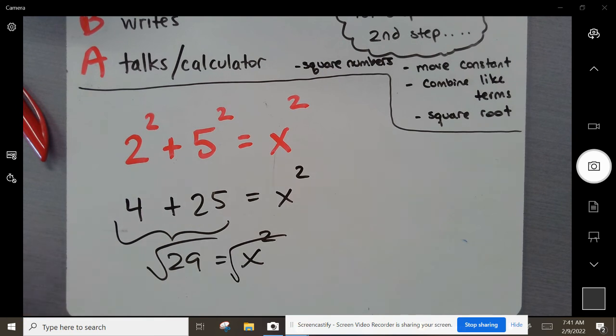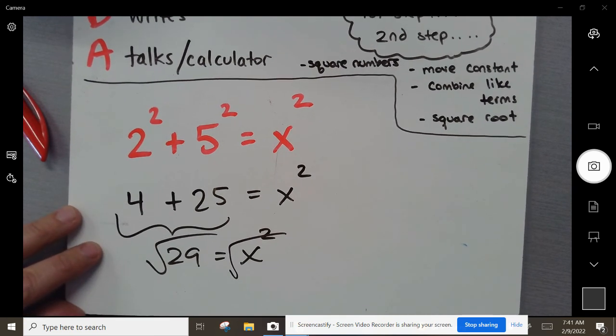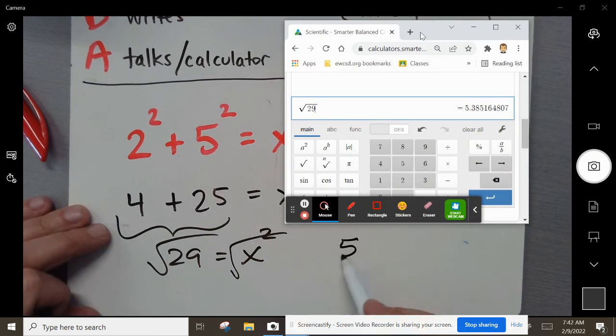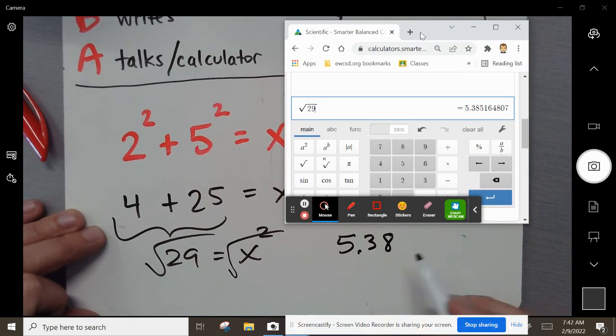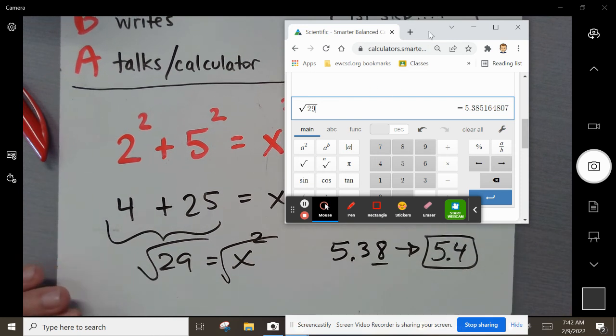We're good to go. So the square root of 29, 5.38. Marissa, could I bump that up? You sure can. To 5.4. Okay? 5.4. Let's keep it going.